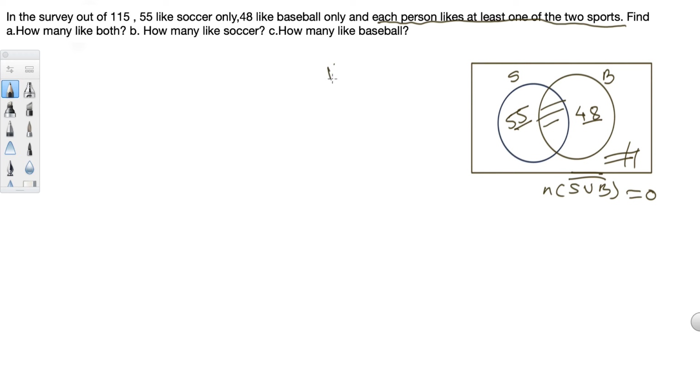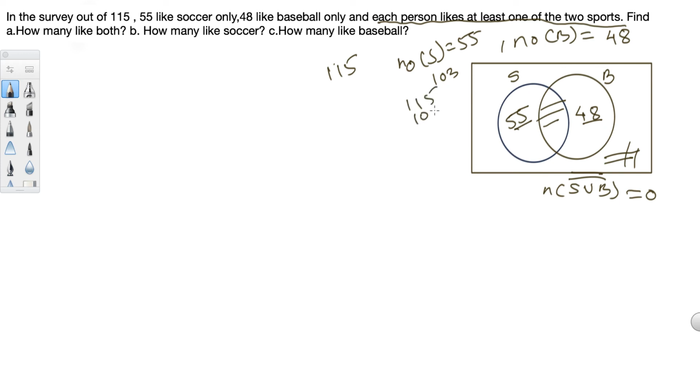Our total is 115, and our n not S is 55, and n not B is 48. If we add them together, we'll get 103. 55 plus 48 is 103, and our total is 115.